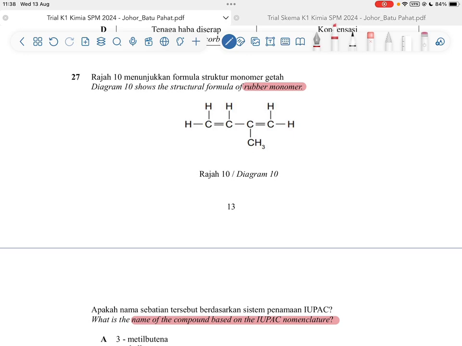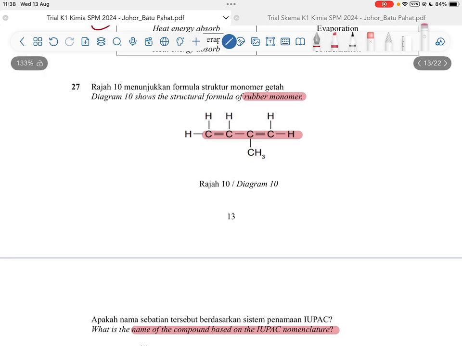So in this case, the parent chain would be this one, or even if you want to start from here to here also can. It doesn't matter whether it must be straight or what, as long as you can continue the parent chain in one way.